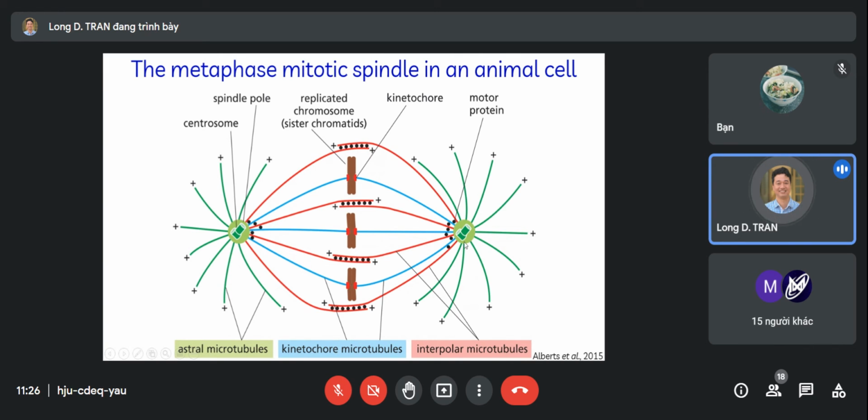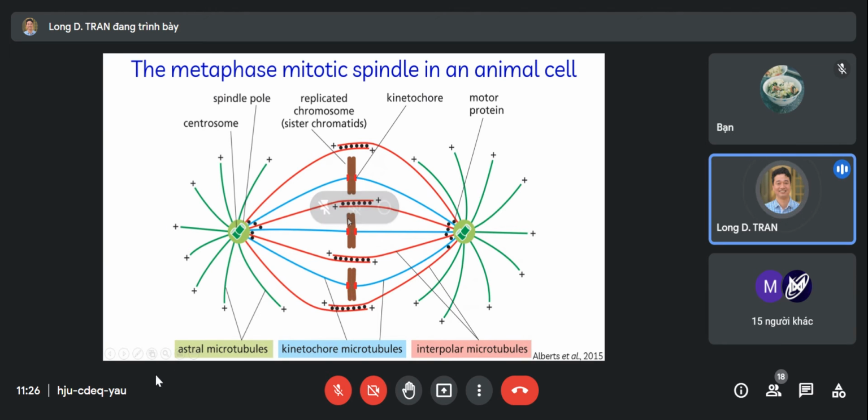The astral microtubules from both ends of the mitotic spindle will make contact with the cell membrane, and it will mark the equatorial plane. It also marks where the cytokinesis will happen, where the cell will be divided into two smaller daughter cells. So the astral microtubules will be beside the cell division plane.